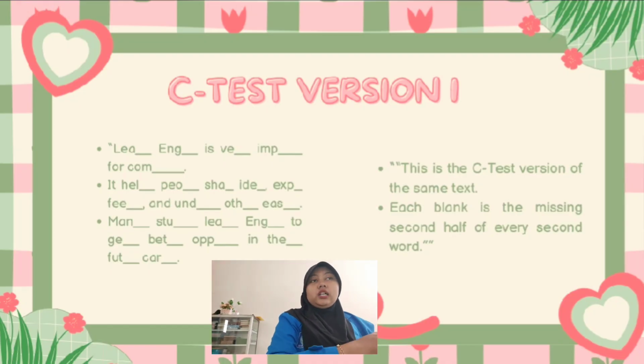These slides show the C-test version of the same text. Here, the second half of every second word has been removed. The students will have to reconstruct the missing parts of that example.